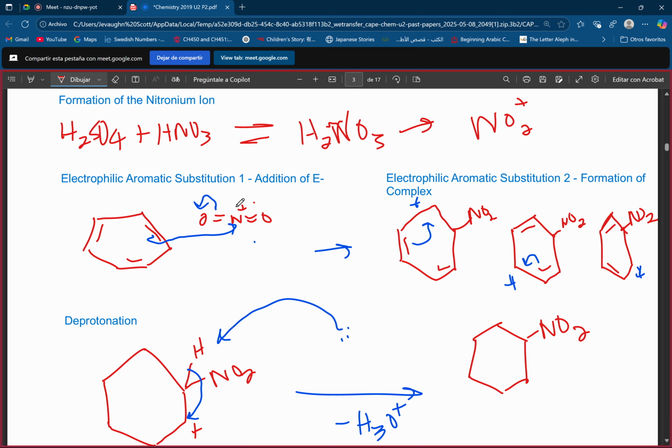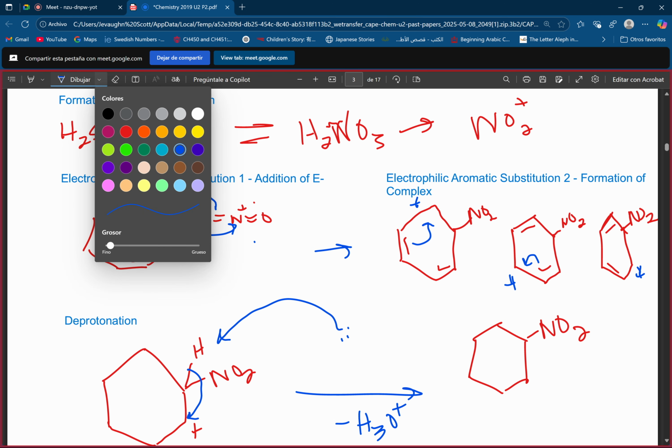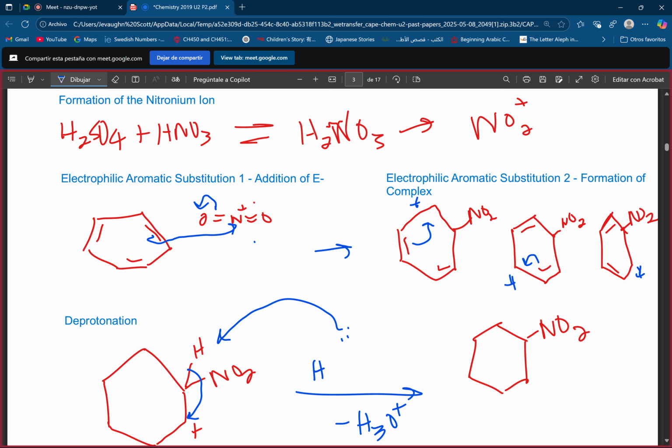Right? Electron moving from the one to the oxygen in the HSO4, because that will now reproduce our H2SO4, which is our catalyst. And we see that the catalyst is unchanged at the end of the chemical reaction.